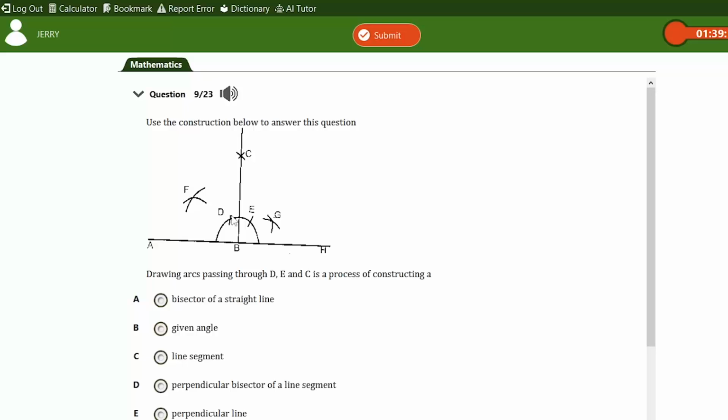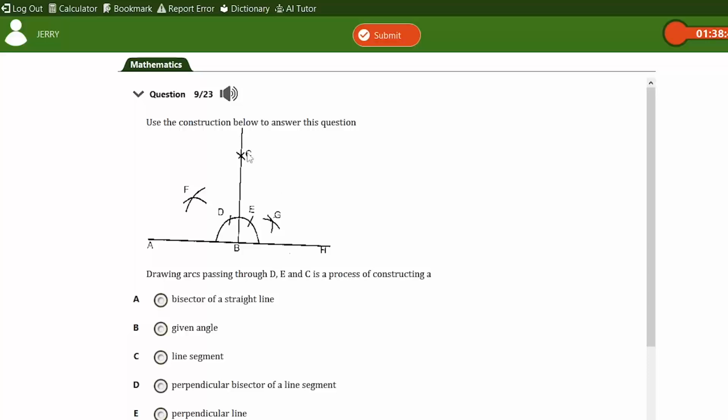Drawing a line that passes through D, or through this place. This line that came here is a process of constructing a bisector of a straight line or constructing a given angle, line segment, and all that. So it is a way of constructing a given angle.